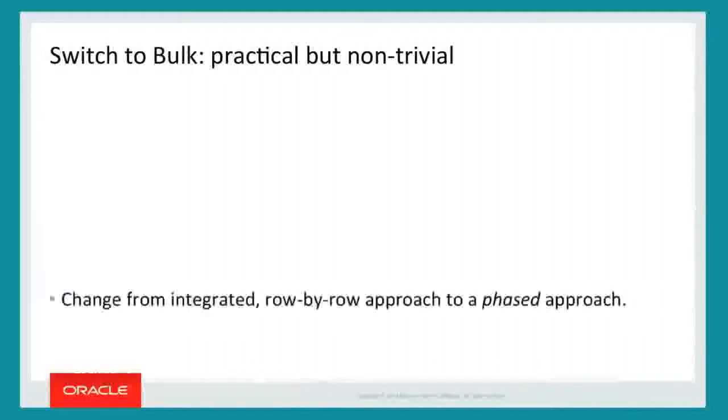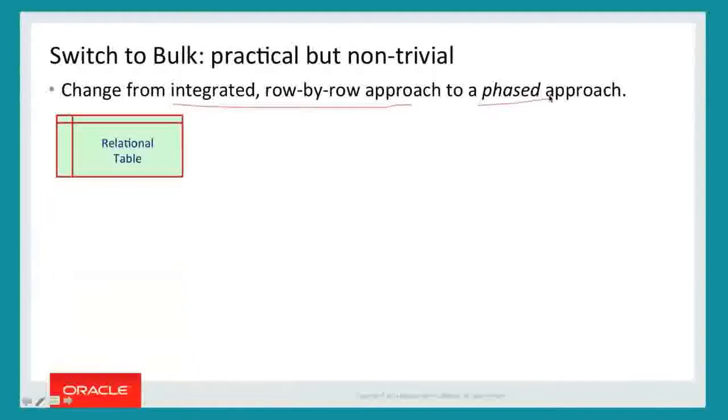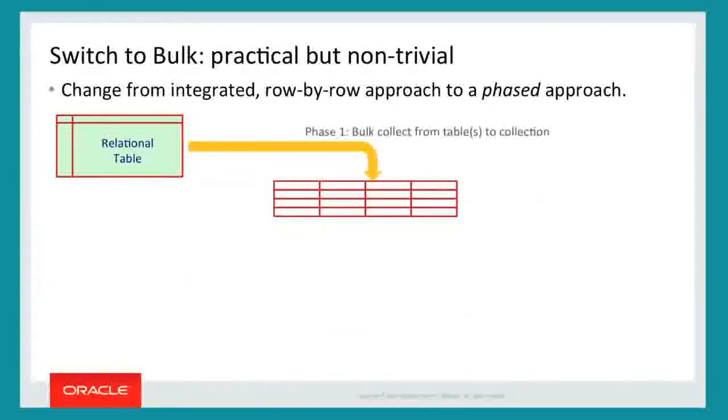Now, I don't have a lot of time to go into all the details of this approach. The bottom line is that you should always look for opportunities to switch to bulk, move away from row-by-row processing. Changing, however, from that integrated row-by-row approach to a phased approach, which is what you get with bulk processing, is very much non-trivial, and it can involve a lot of change to your code. Basically, in general, you're going to get data out of your table using bulk collect.